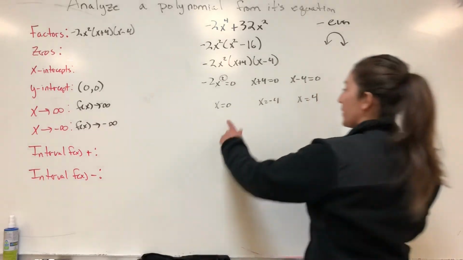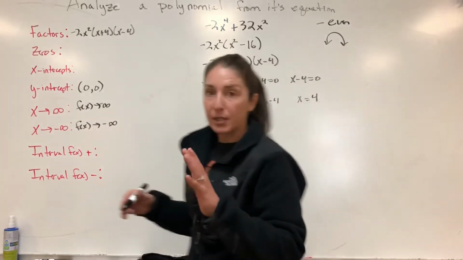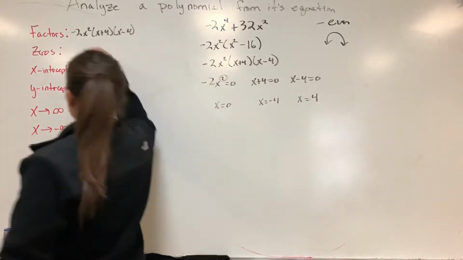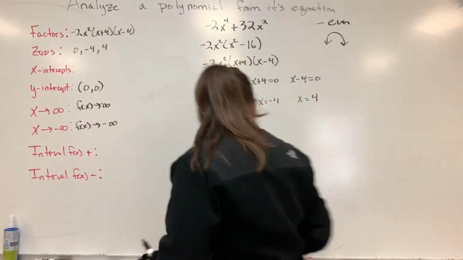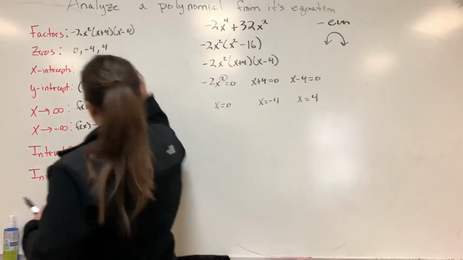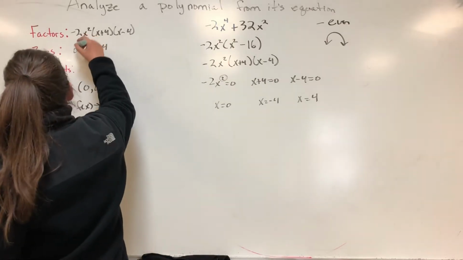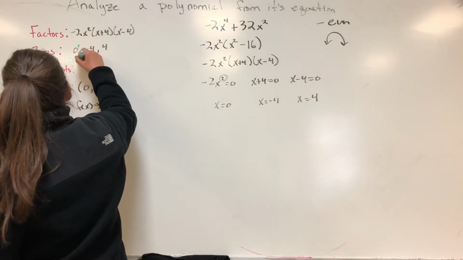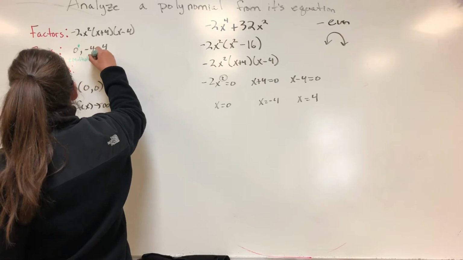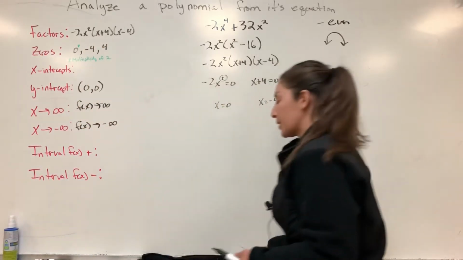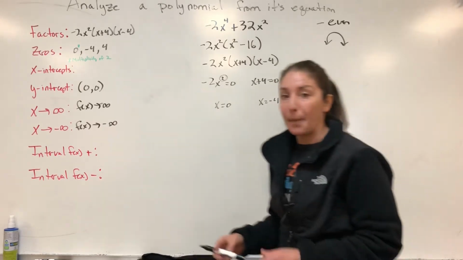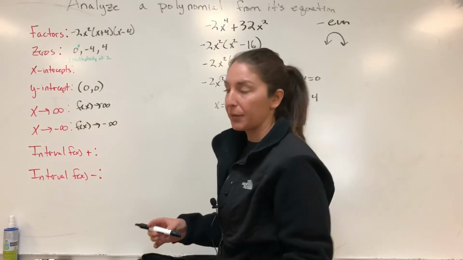The zeros happen at 0, negative 4, and 4, and 0 gets a special multiplicity of 2, so I'm going to put a little star by it. When something has a multiplicity of 2, it's going to be like a bounce back point on the graph.